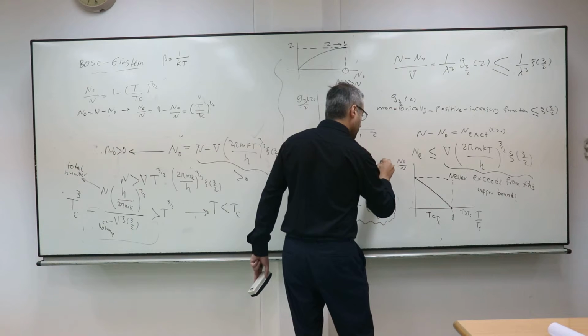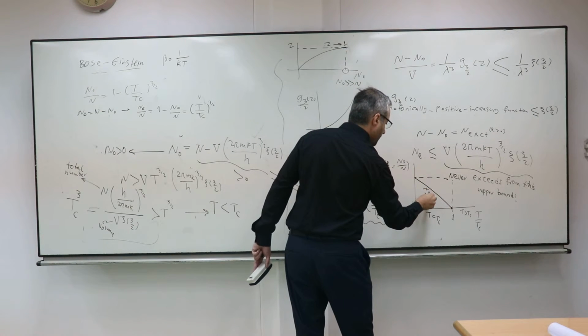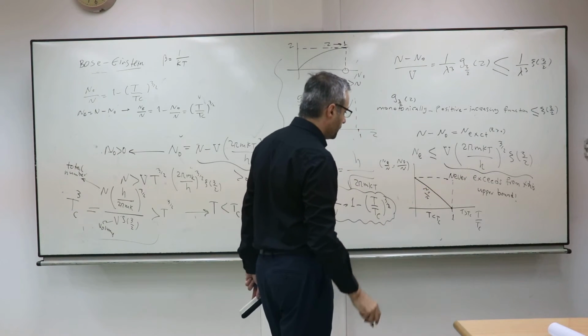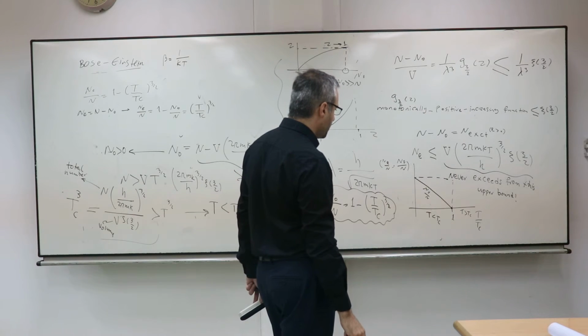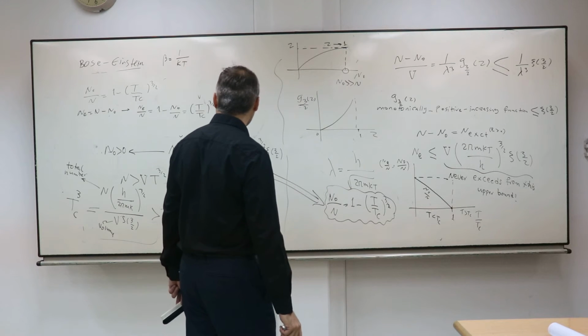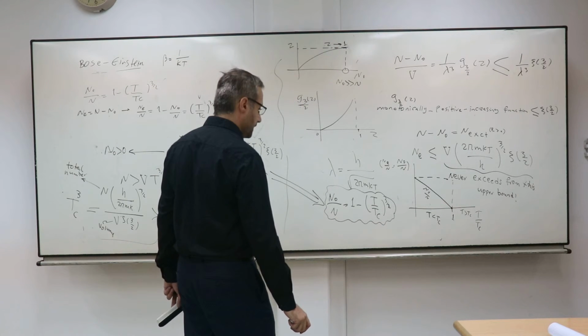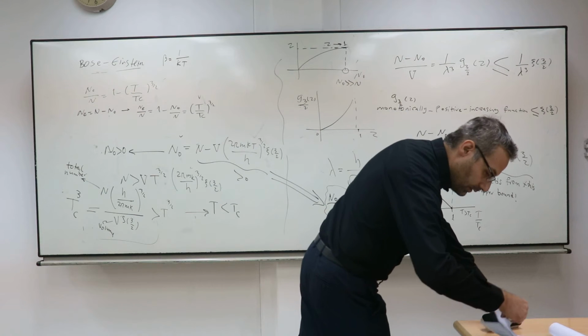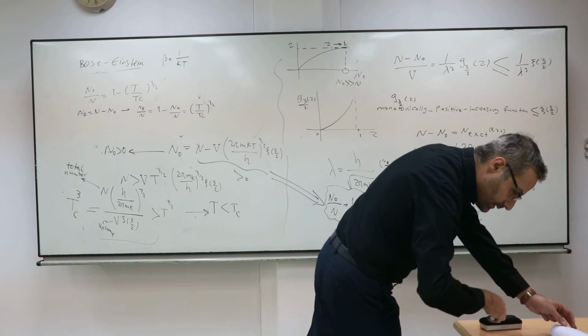In the book they plot all together. So this is n0 over n, and then the other graph, which started with t when t is less than t1. When it is less than t1, it will be below this line. Yes, it will be like that.